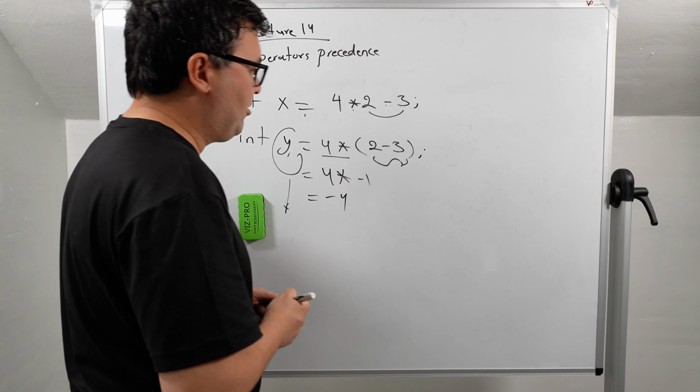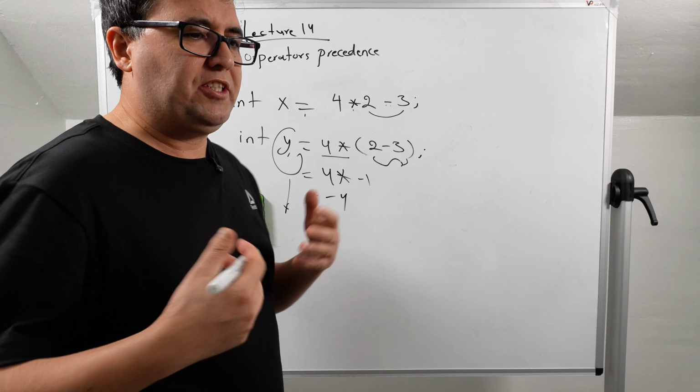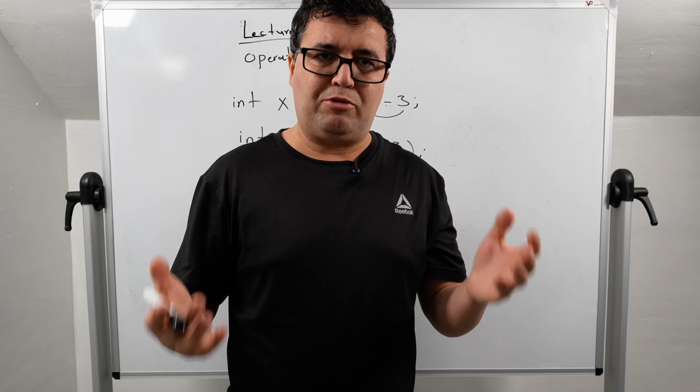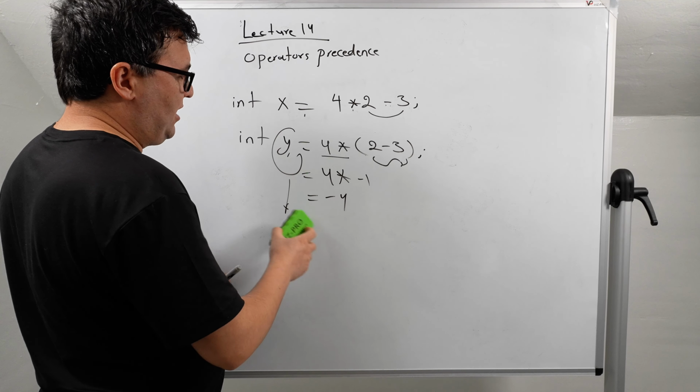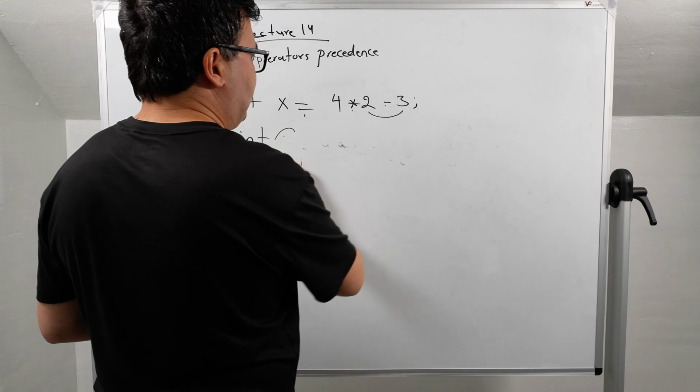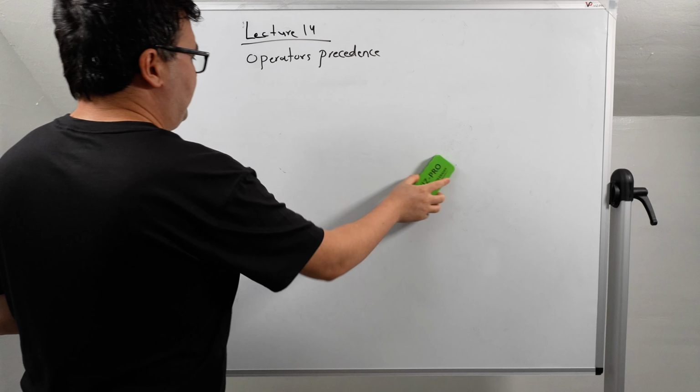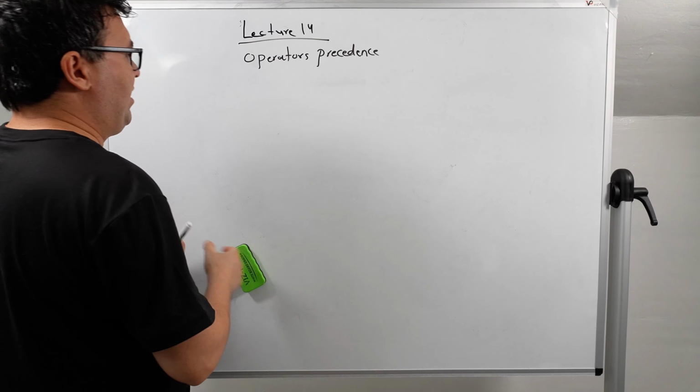When we want to decide which operation should be performed first, we use parentheses. So it's important to understand in C++ which operation should be performed first.